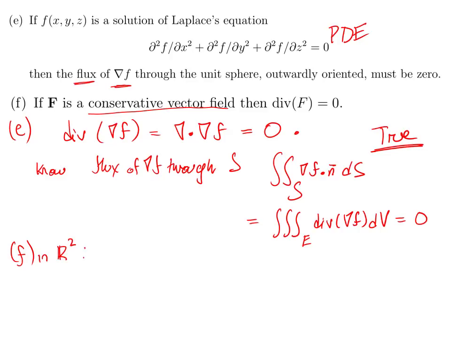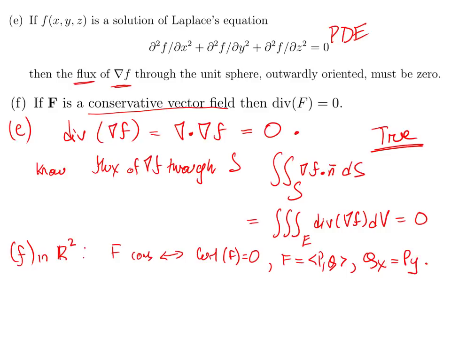what do I know about a conservative vector field in R2? Well, F is conservative if and only if its curl is 0, which means that if F has components P and Q, Qx equals Py. So that's what conservative means.